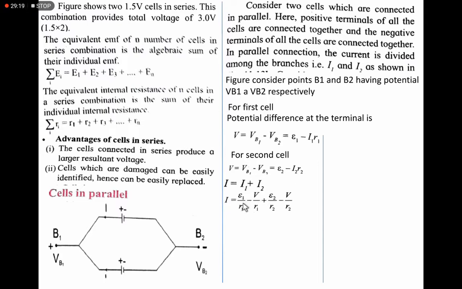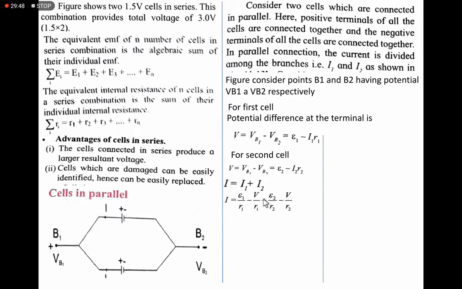We'll write E1 divided by R1 minus V by R1. What did we do over here? I1 R1 is equal to E1 minus V. Then for I1, E1 minus V divided by R1. Okay, R1 is separate, that is E1 divided by R1 minus V divided by R1.